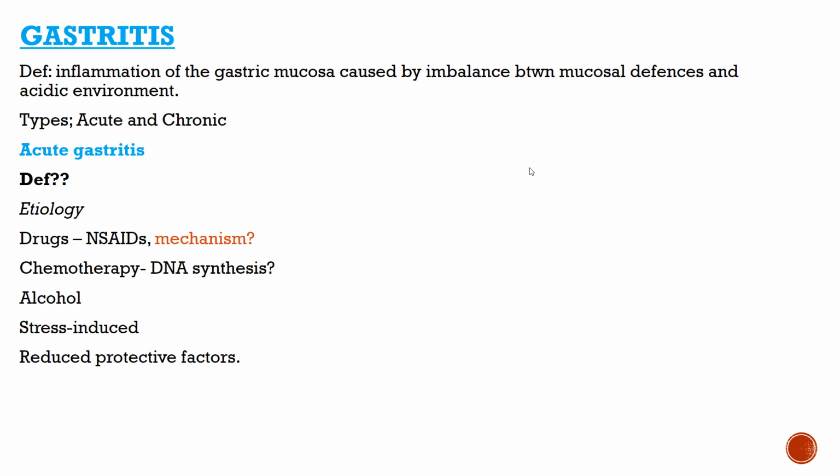Cyclooxygenase produces prostaglandins. Which ones specifically? The E2 and the I2. Those help in the protection of the gastric mucosa. So NSAIDs will interfere with cyclooxygenase, and that leads to inhibition of prostaglandin formation. So the mucosa will be left defenseless.